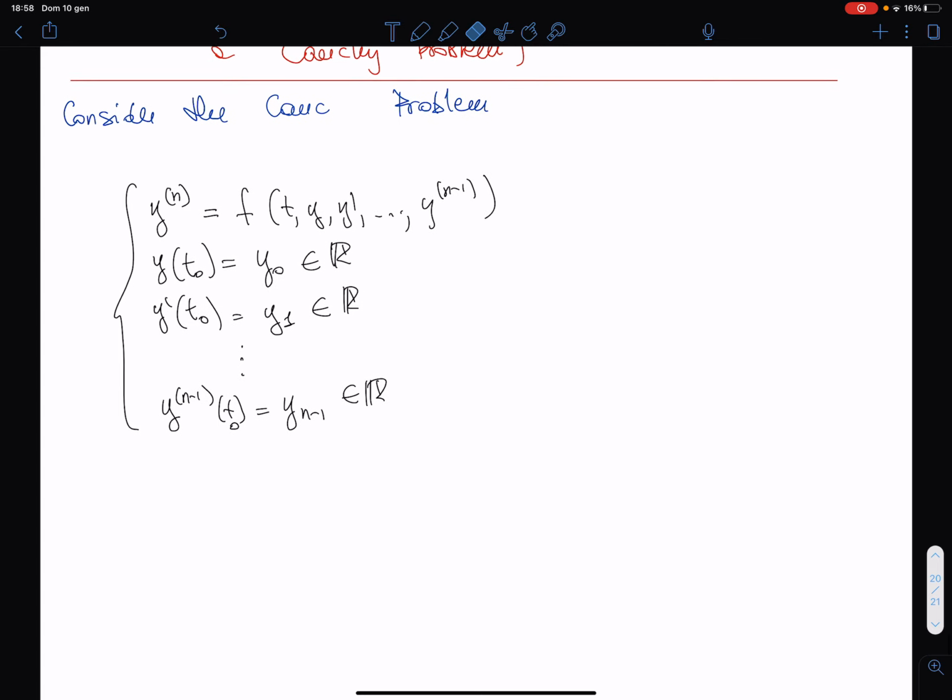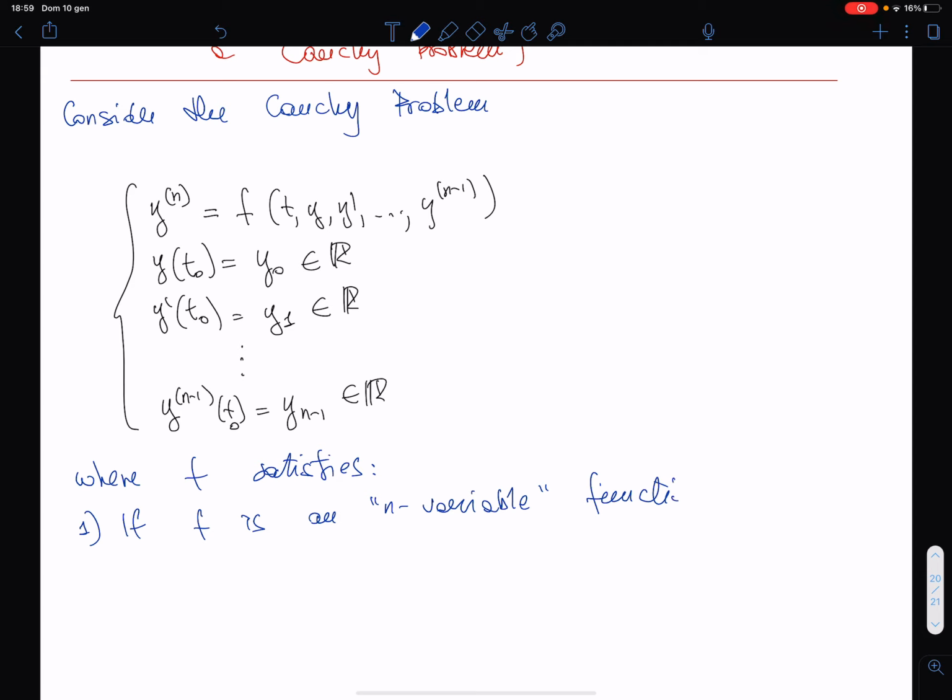Like before, where f satisfies, first, if f is an n variable function. What is an n variable function? Okay, we did not study this in analysis 1, but now it is necessary to understand what it is.